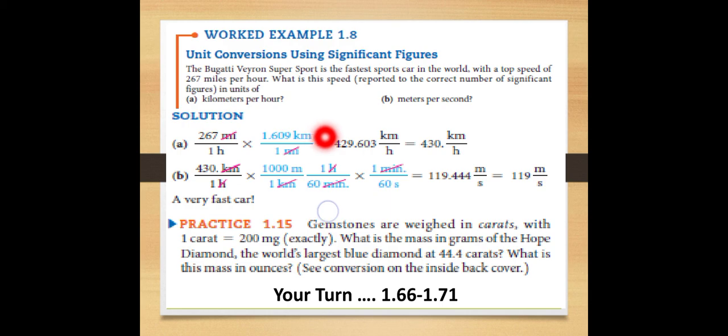So again we have to convert into meter per second. Meter must be in the numerator and kilometer in the denominator, and again we have to cancel the minute and the hour as well. So hour must be in the numerator, and the minutes must be in the denominator.